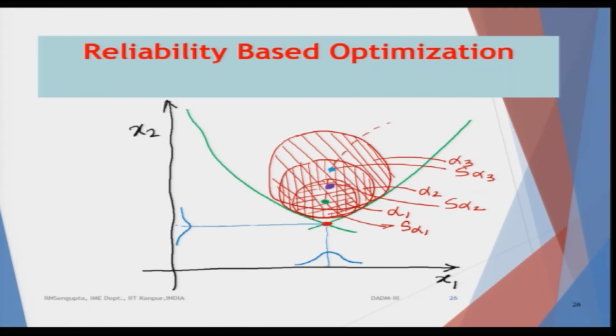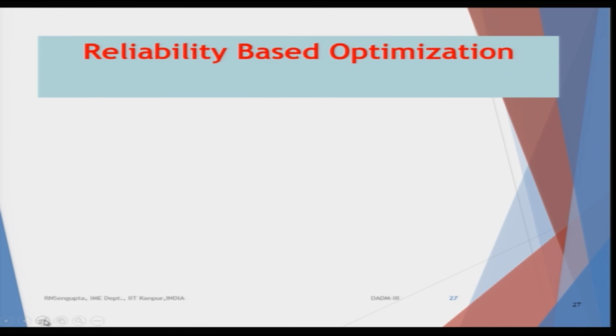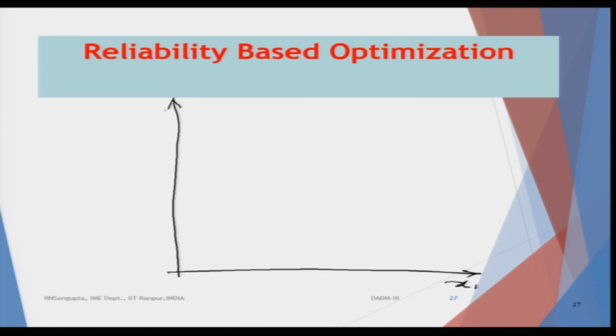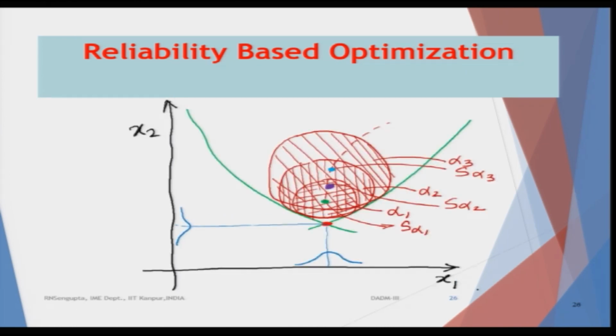Now, consider both the means and the variances are the same. Now, let me go to the variance being different, one at a time. I will try to use the same color. So, this is the axis, x1, x2. Let me check whether I have done x1, x2, yes.